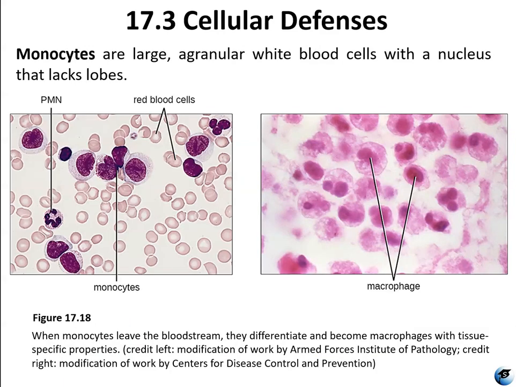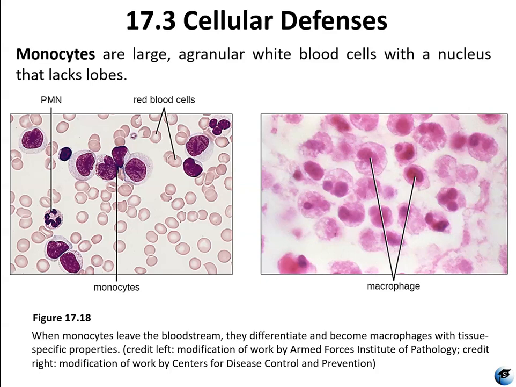Monocytes are large, agranular white blood cells with a nucleus that lacks lobes. Okay, so we already know that. When the monocytes leave the bloodstream, they differentiate and become macrophages. Macrophages are large white blood cells, and they are a type of phagocyte, and they lurk particularly in places that are vulnerable to invading organisms, so places like the lungs and the spleen.